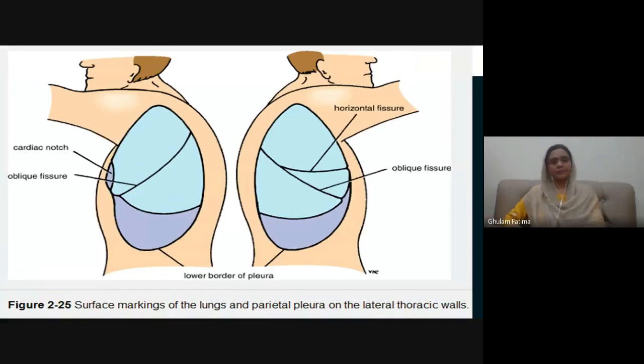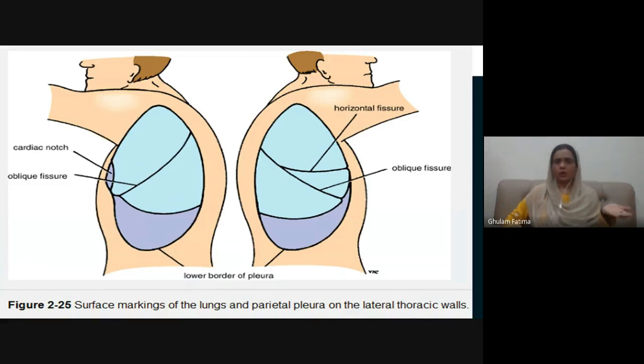Next, coming towards the lungs. As you are very well aware, on the right side we have three lobes which are divided by the oblique fissure and the horizontal fissure, and on the left side we have two lobes.